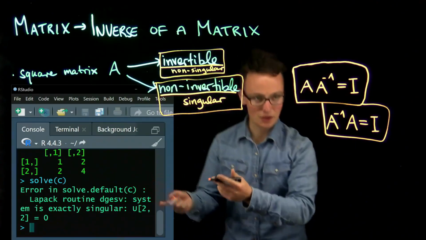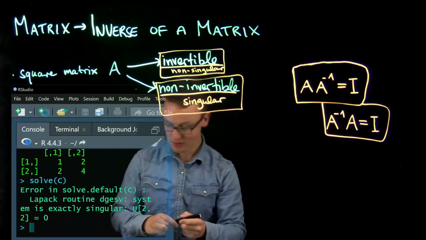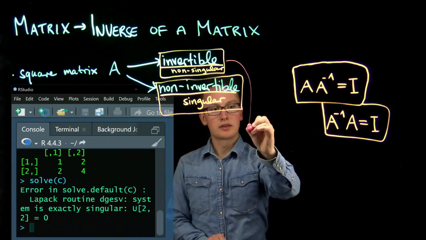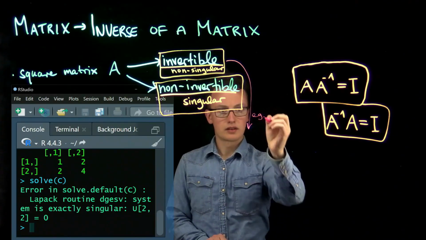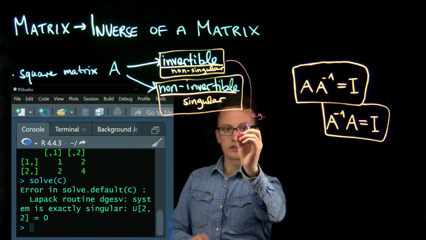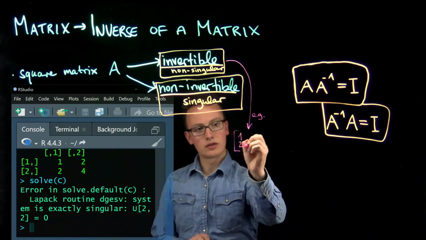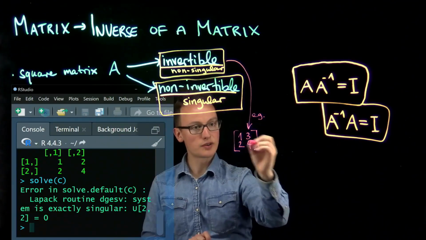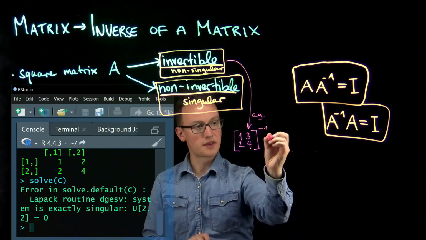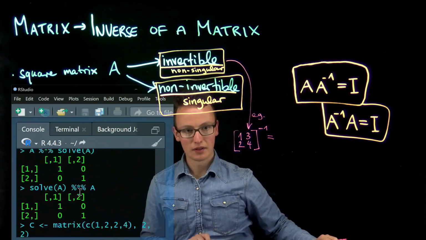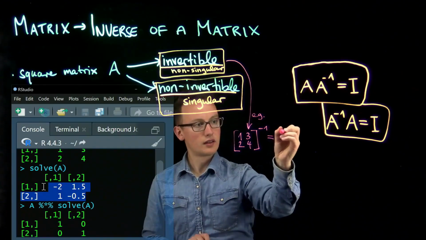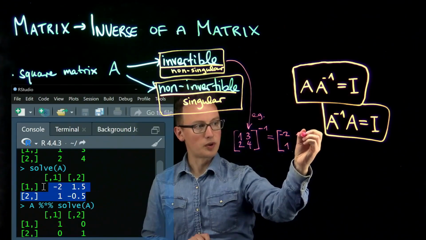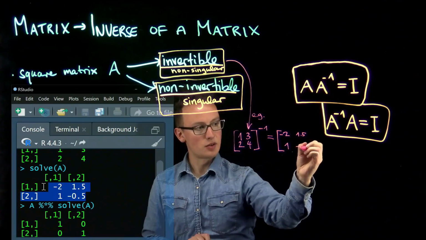So we just saw in R two examples. One was an invertible matrix and the other wasn't. Here we had an example of an invertible matrix, namely the matrix 1, 2, 3, and 4, for which we could indeed find an inverse. That inverse was what R gave us further above here, namely the 2 by 2 matrix -2, 1, 1.5, and -0.5.